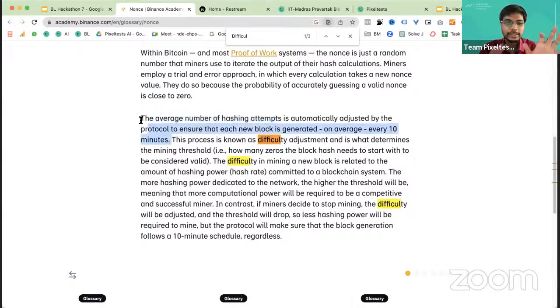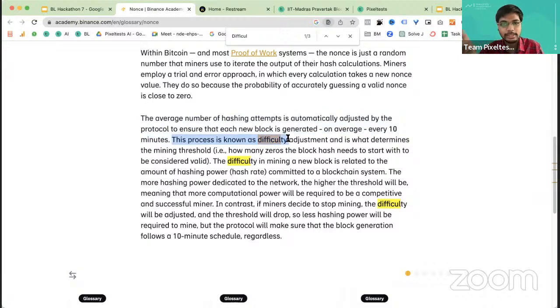So the consensus is also made in such a way that the values of the threshold and other things are set so that each new block is generated on average every 10 minutes, right? Because of this time, every block can be created every 10 minutes, and there is a maximum number of blocks. Also, we are able to calculate how many years it might take for us to exhaust all of the blocks, right?